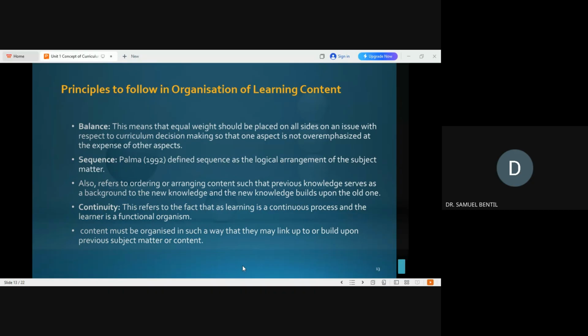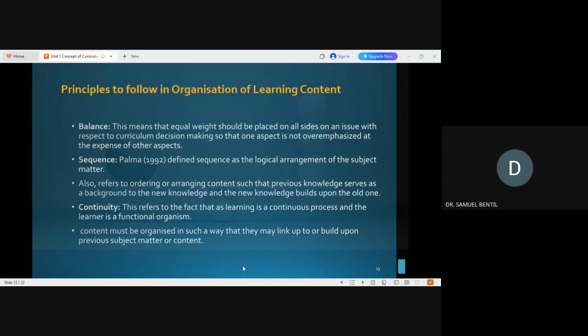You see that when it comes to the arrangement of the subject matter, certain topics are prerequisite for another topic.